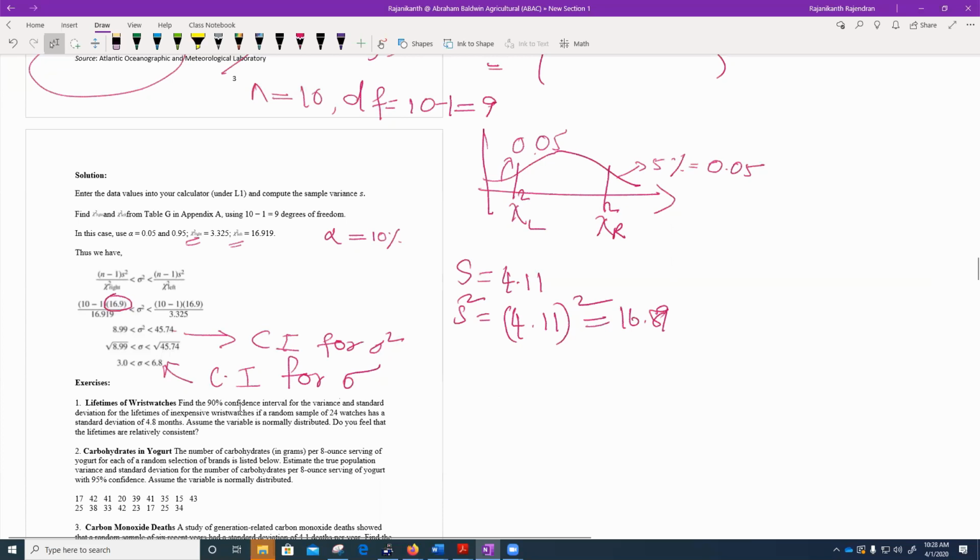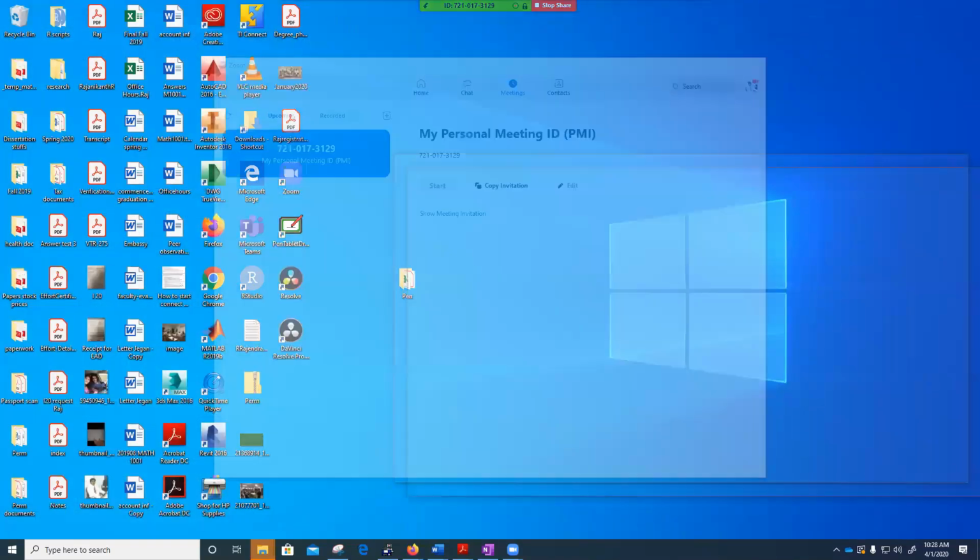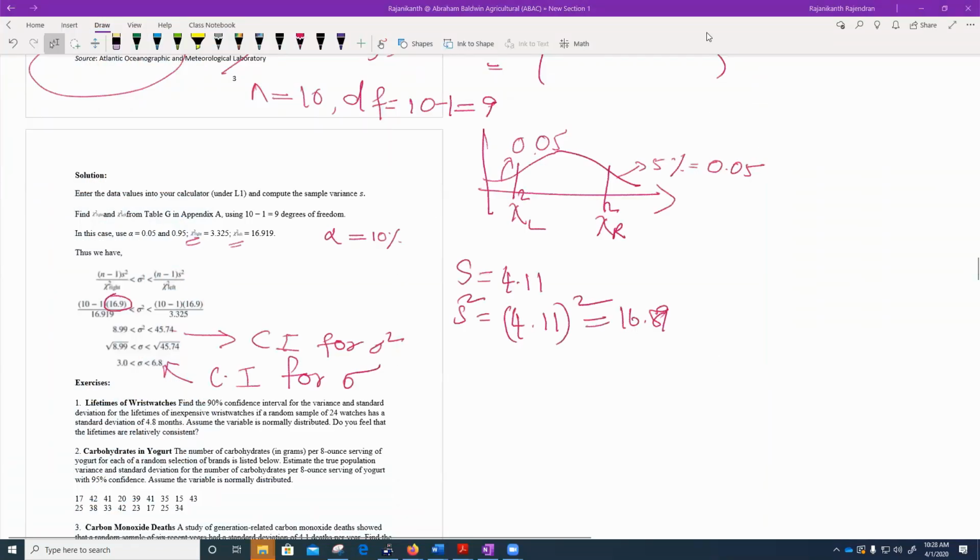So, yes, Dr. Raj. Yes. Who's speaking? Just a minute. Shemaiah. Okay, go ahead, Shemaiah. To find what, you divide the 10 minus 1 multiplied by this sample size squared, how do you find that again?